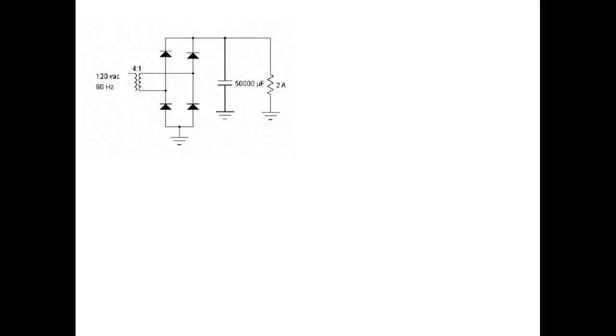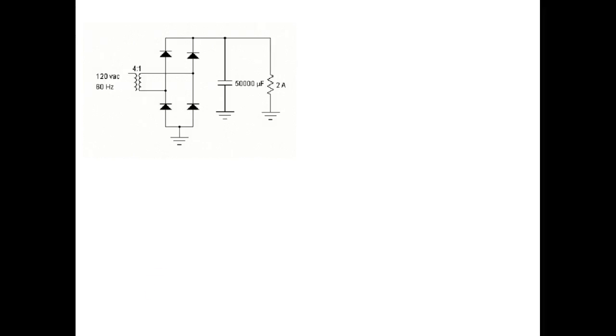So guys, where do we start? No, I wouldn't start there. I would start with the transformer first and work my way back toward the load, right? So we come over here and we've got a 4 to 1.